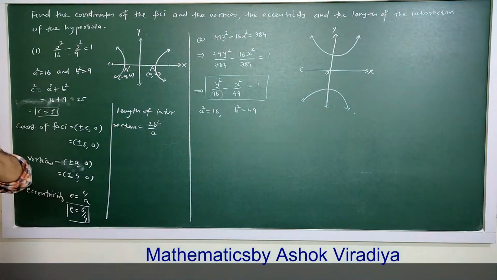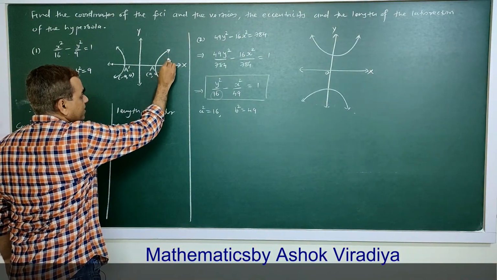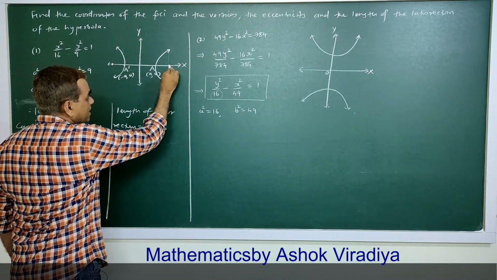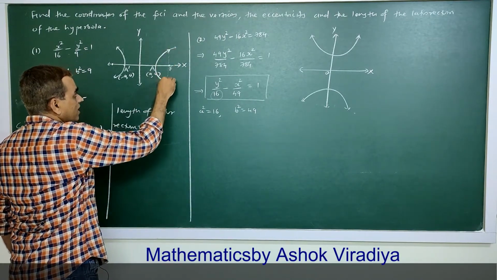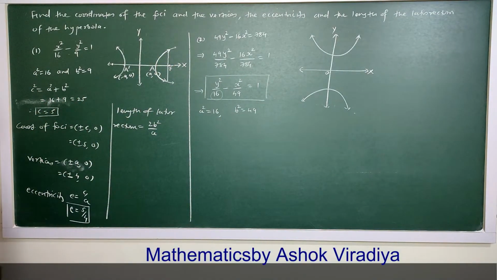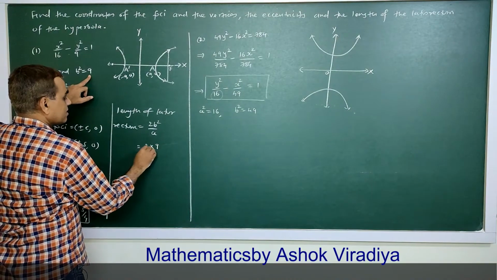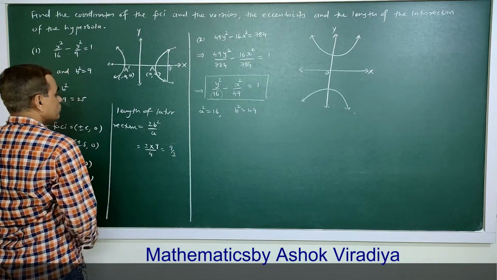The latus rectum is a line segment perpendicular to the transverse axis passing through a focus whose ends lie on the hyperbola. Similarly here also we get a latus rectum. So 2b square by a: 2 into b square, which is 9, over A, which is 4. So this is 9 by 2.